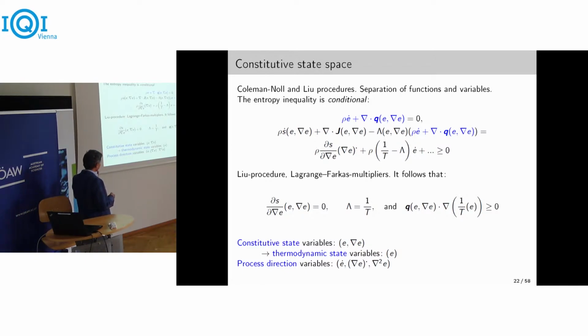Whatever the calculation is, I want to emphasize that I need to fix the constitutive state variables, and if I introduce more derivatives, then I get a more refined theory, and I can apply the thermodynamic constraints differently. I won't go into the details, but I can deduce the consequences of the second law.